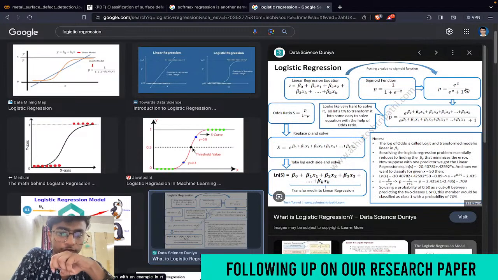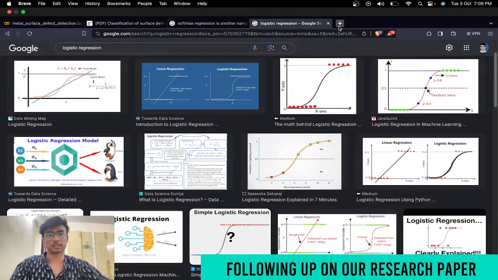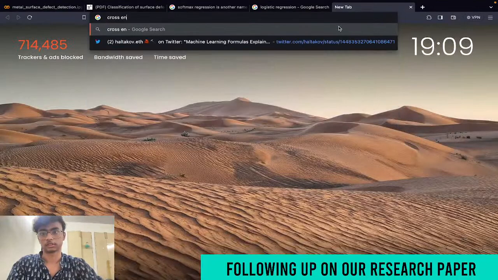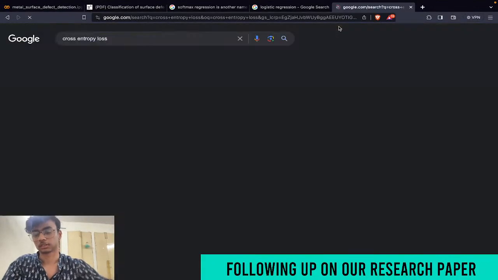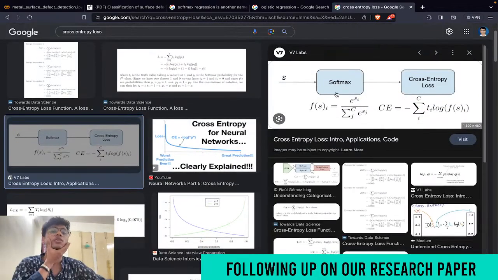So you see, this is the sigmoid function, right? This is linear regression. Cross entropy. Softmax to cross entropy loss.